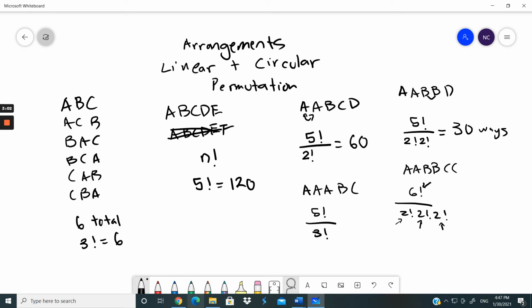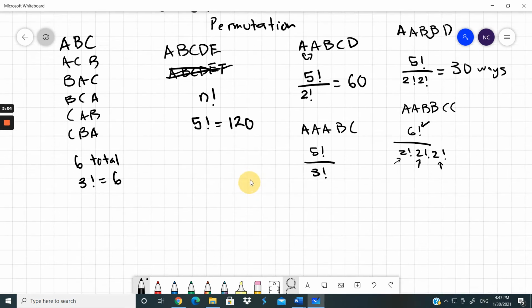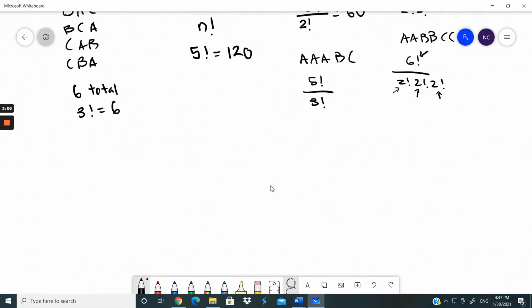Now, let's take into account circular permutations. For circular permutations, we'll only be going into how to do it without any repeats, because it gets quite complicated and you will most likely not need to know it in any competitions for middle school or high school.